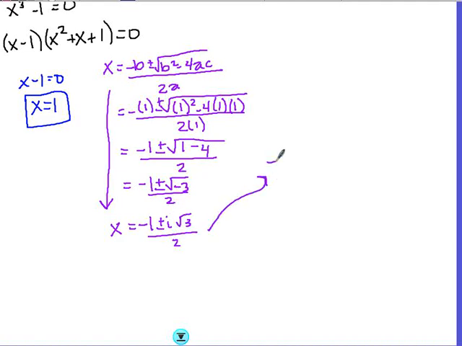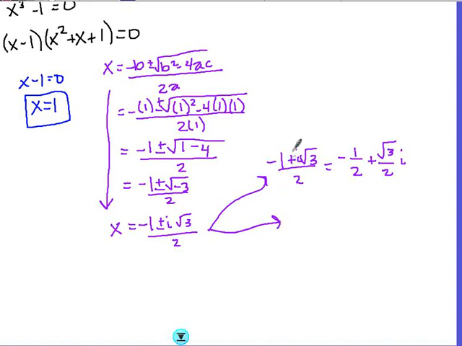So one of them would be -1 plus i root 3 over 2. I'm actually going to separate this into two separate fractions, so I really have a -1/2 plus the square root of 3 over 2, and then the i next to it. So you'll notice now this is in the form of a plus bi. So we typically want to get used to writing it in this form.